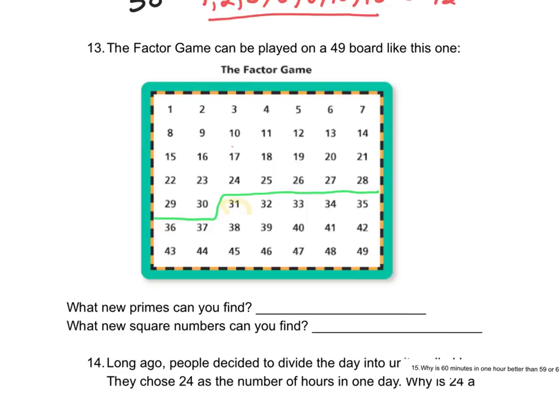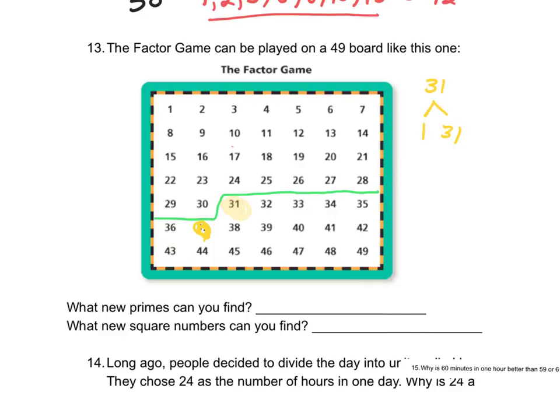Well, 31 would be prime. Why? Because 31, the only factor pairs are 1 and 31. Let's see. What other ones are prime? Looks like 37 would be prime.